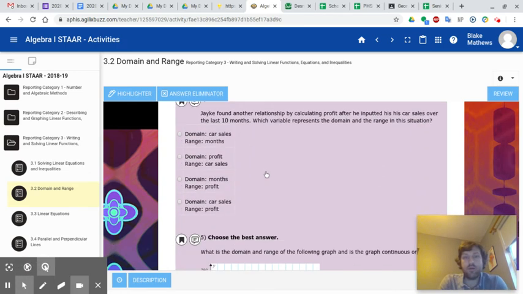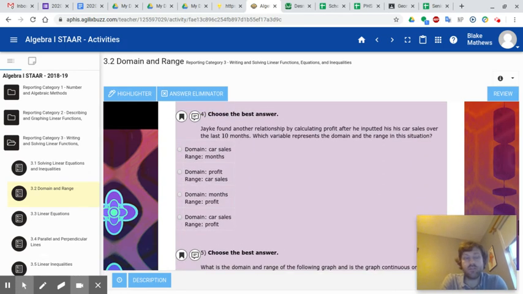All right, let me erase my writing there, and then let's go down to our next problem. Number 4. This is more conceptual. This is a word problem. We're just wanting to see what is the domain and range in a general sense. In this problem, what is it talking about? Jake found another relationship by calculating profit after he inputted his car sales.